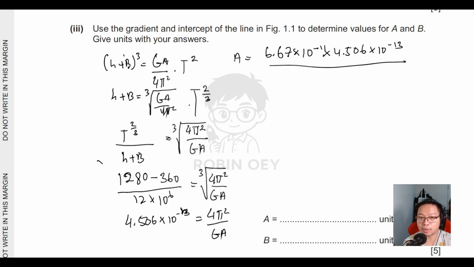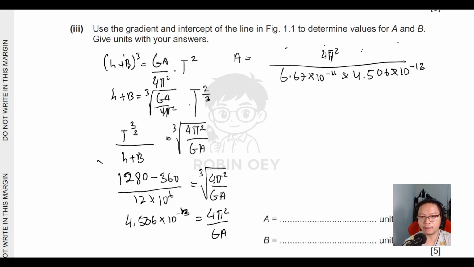Sorry, my bad, because we have to flip. So we start with 4 pi squared over 6.67 times 10 to the power of negative 11 times 4.506 times 10 to the power of negative 13.